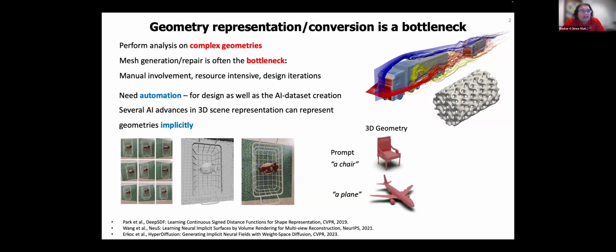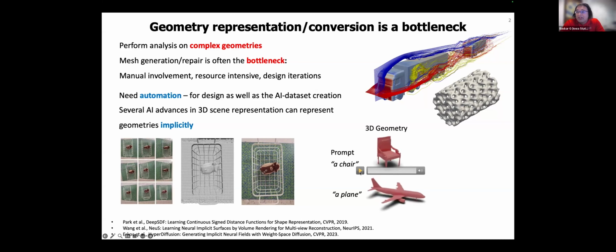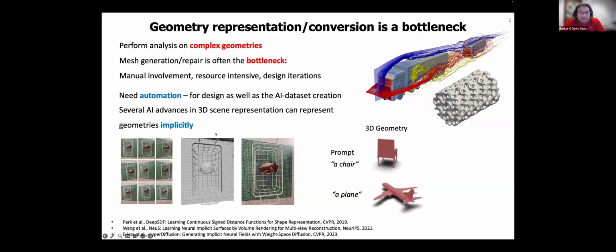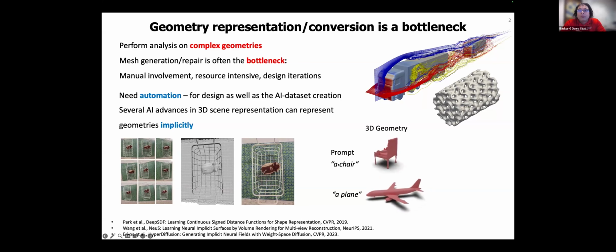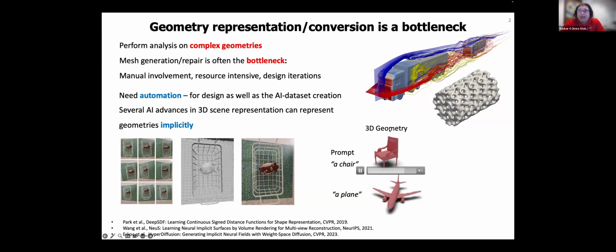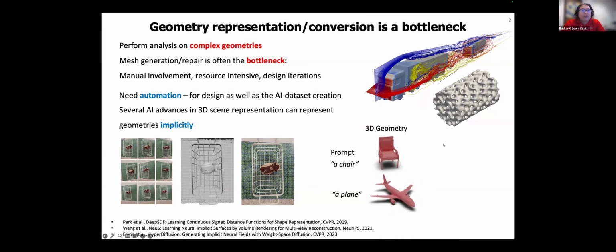The figure on the bottom left is the earliest work, DeepSDF and neural SDFs. And the figure on the right is some exciting work where you train large models that can go from verbal prompts to a neural representation of the geometry.